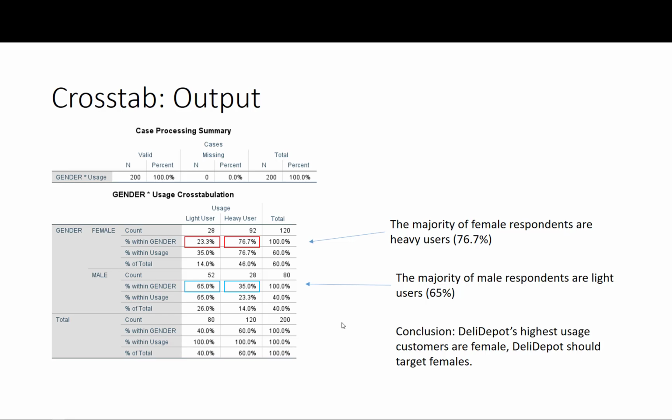Please also notice that I make no conclusions about why females are higher users than men, and I make no conclusions about why men are light users. I also make no suggestions at this point. The reason I can't speculate as to why females and males are different in terms of usage, or make suggestions for their different usage behavior, is that further research is required.